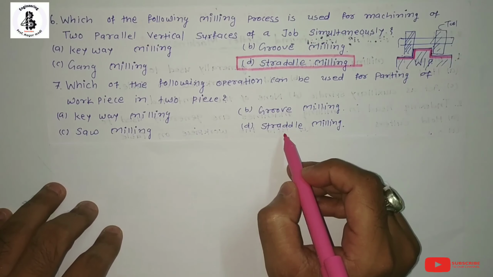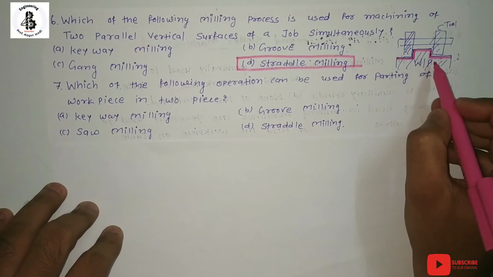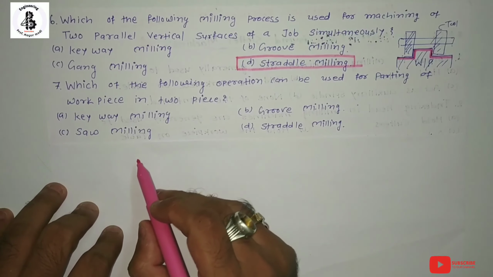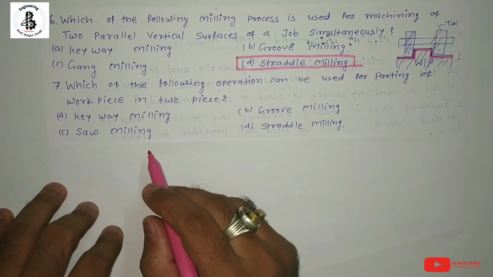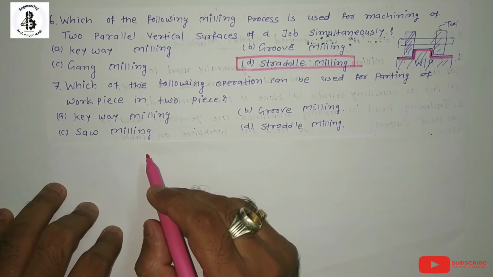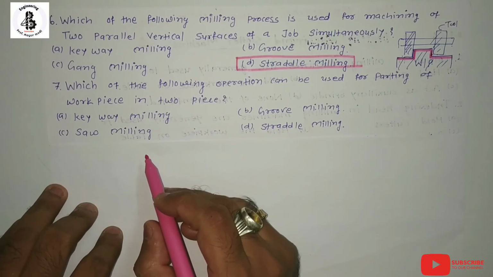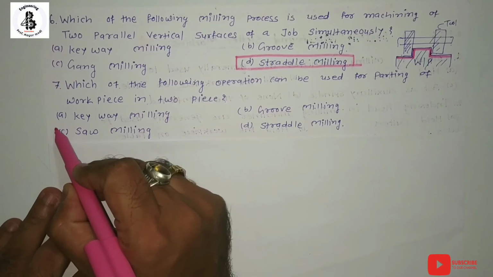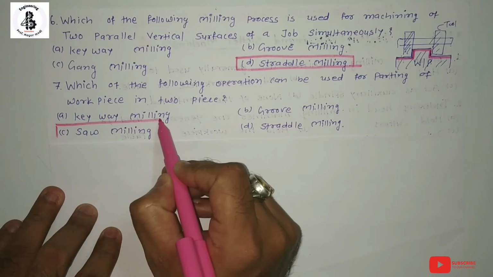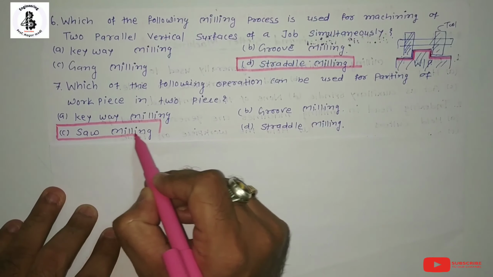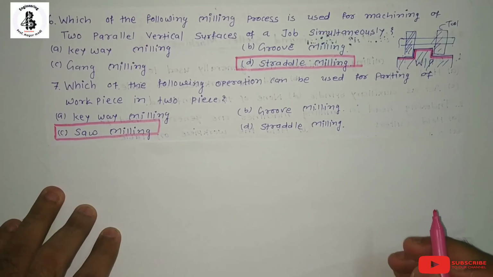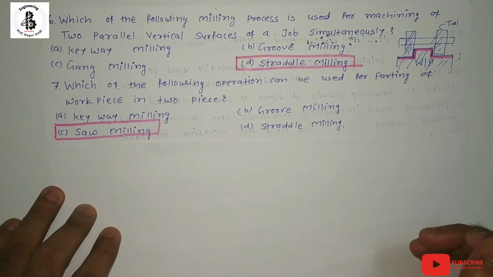And for straddle milling, that will be used to make two parallel vertical faces, as we already discussed. So the saw milling, that will be the operation used for parting of workpiece in two pieces. So the right answer is option C, saw milling operation.